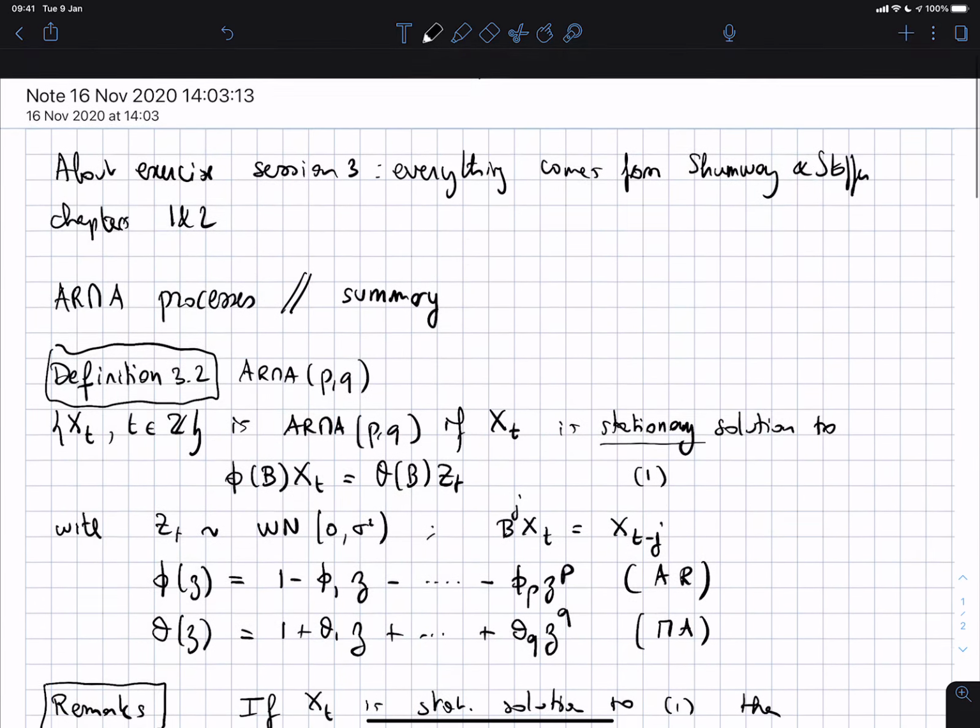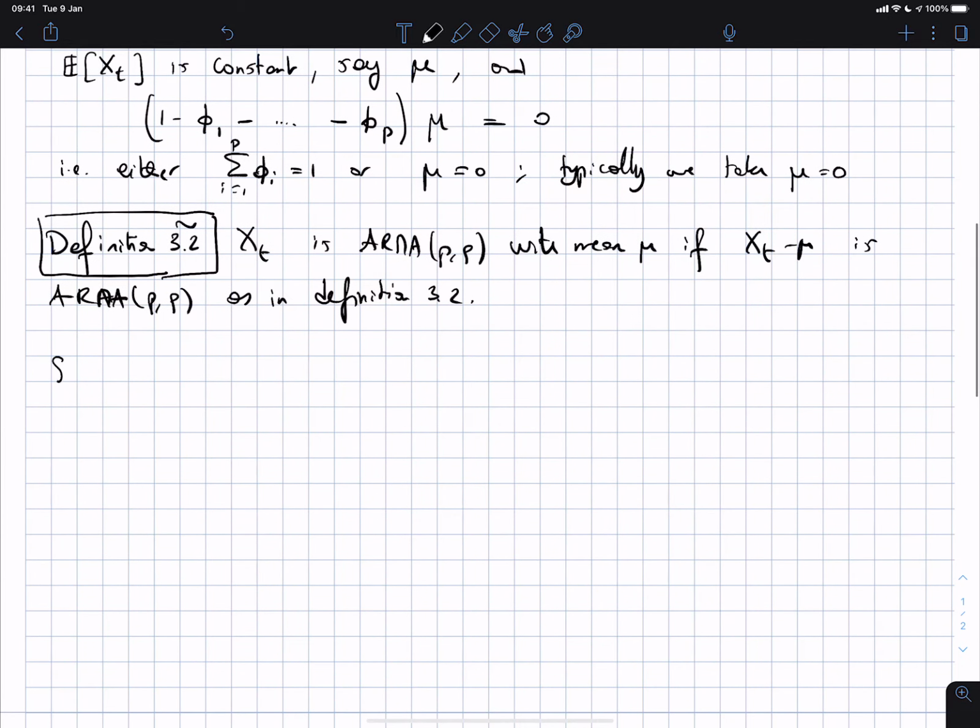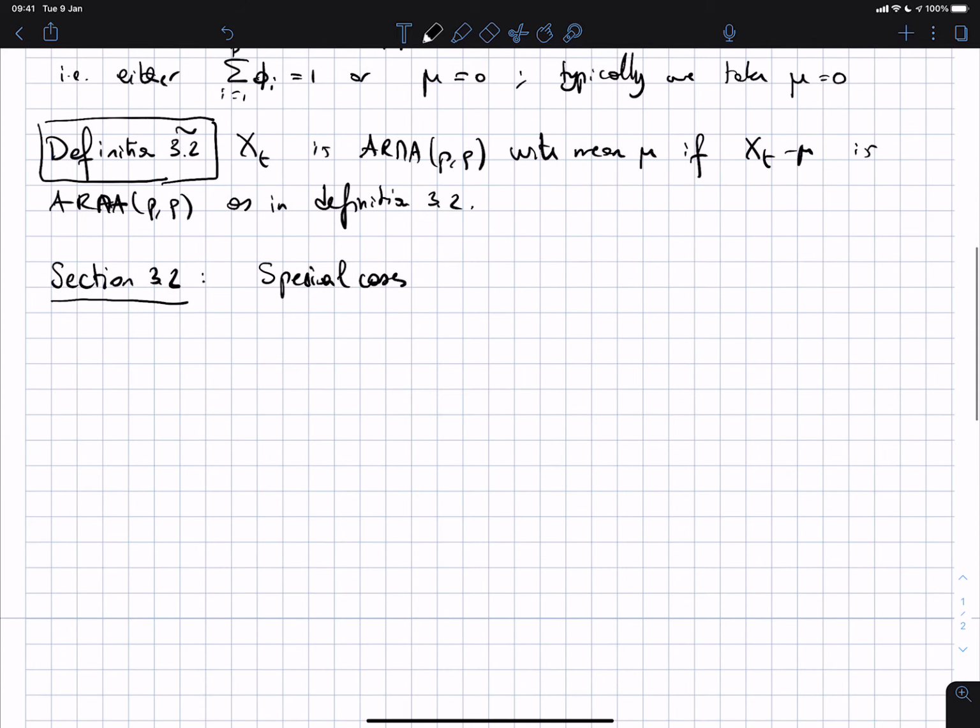Then we had section 3.2, which was discussing special cases. The two special cases we discuss are, on the one hand, the moving average of order q.